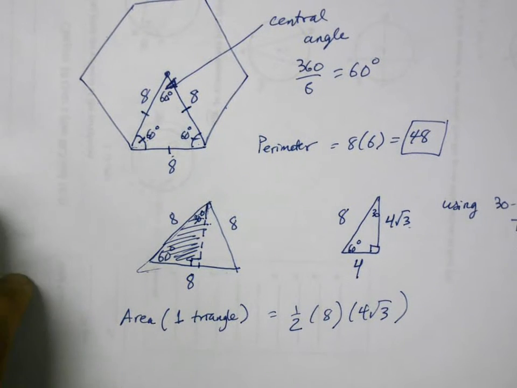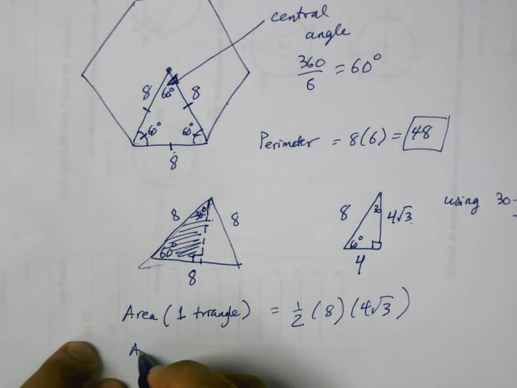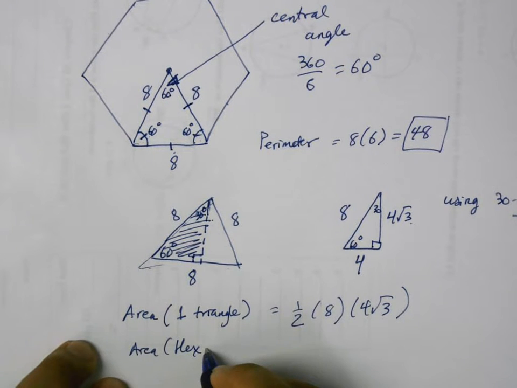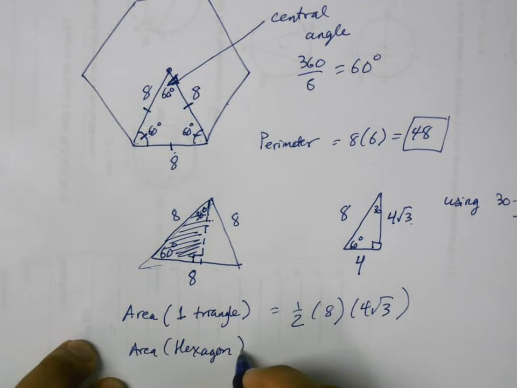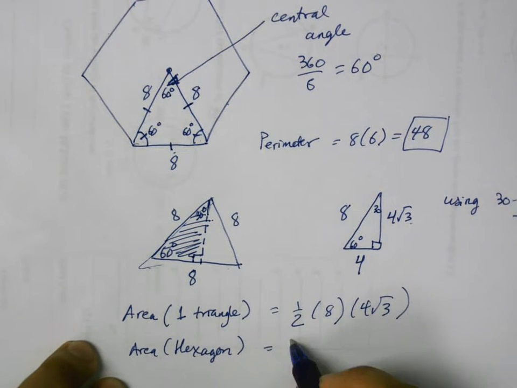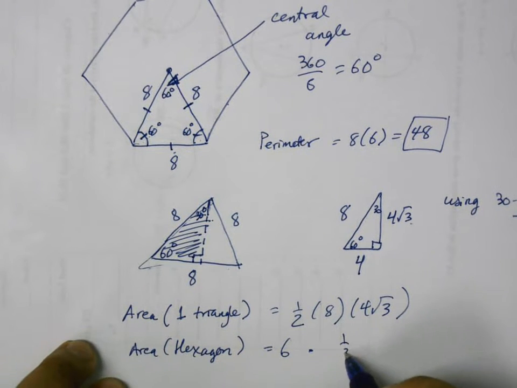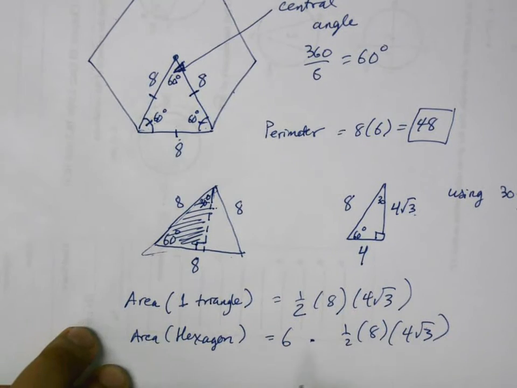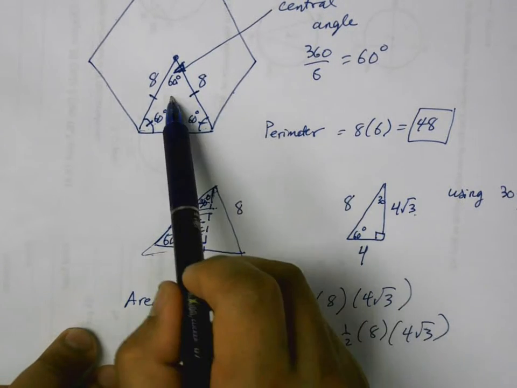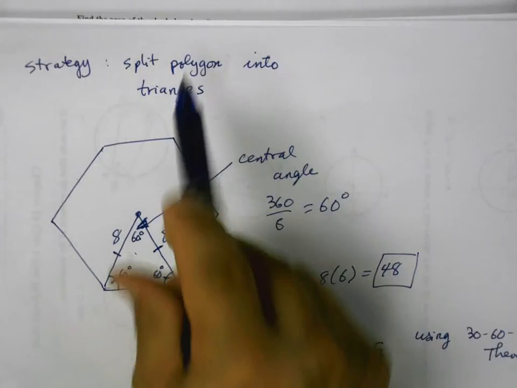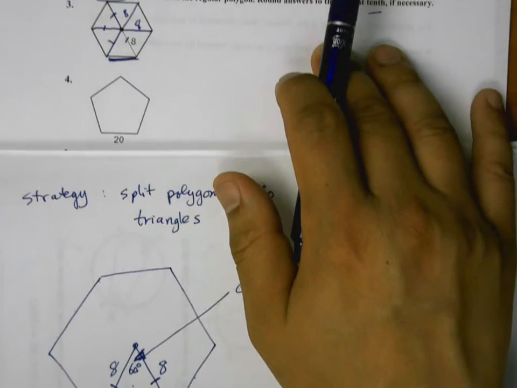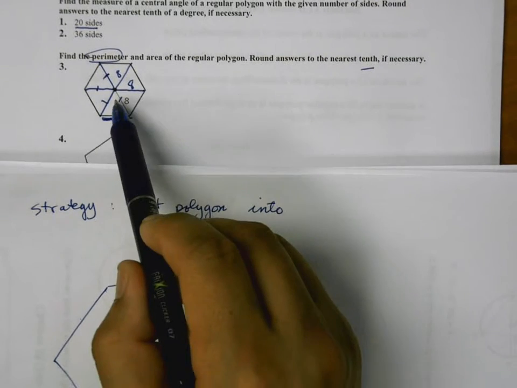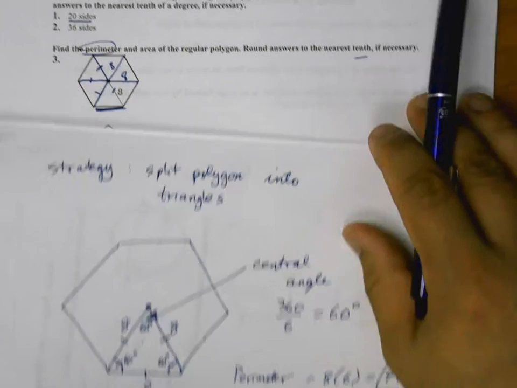And then that means the area of the hexagon is equal to 6 times 1/2 times 8 times 4 root 3. The reason being, in a hexagon, there's 6 of these big triangles. Let me show you this picture again. When you have a hexagon, you're able to split this up into 6 of them.